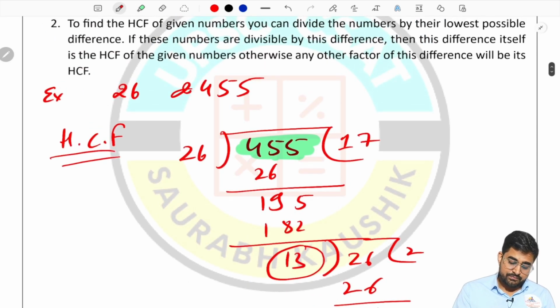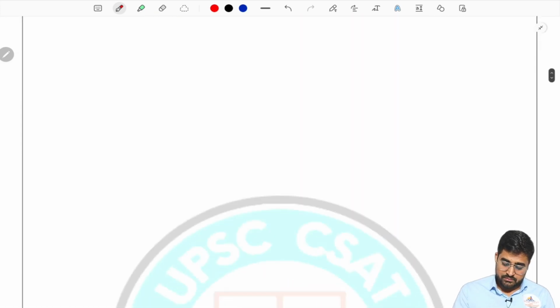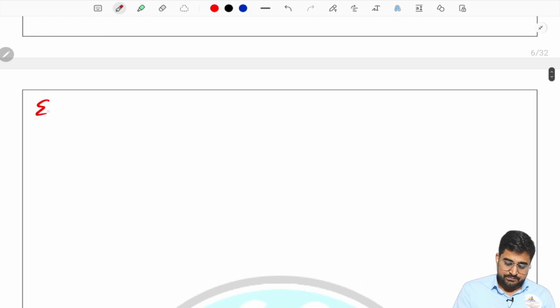Example 1. Let's take example 2. In example 2, take three numbers for the time's sake. We need a paper. Okay, we have one. Example 3. This time we will take a big number.